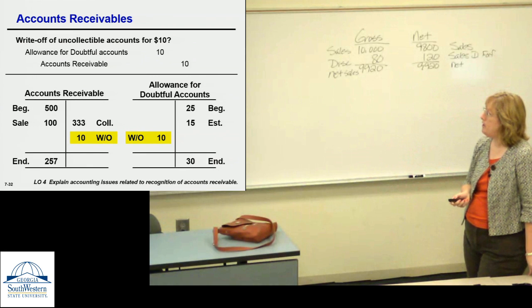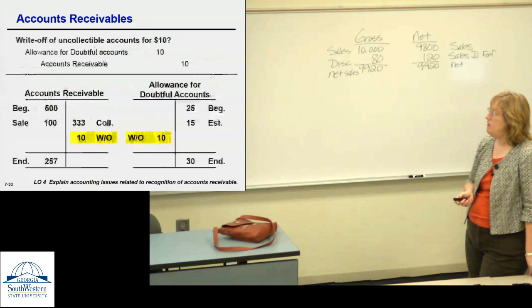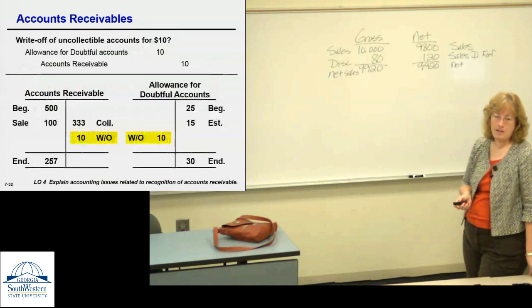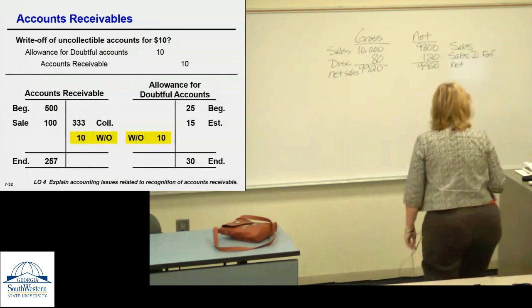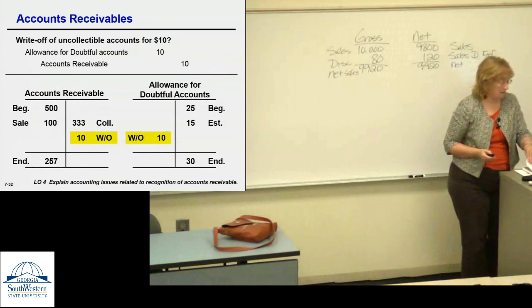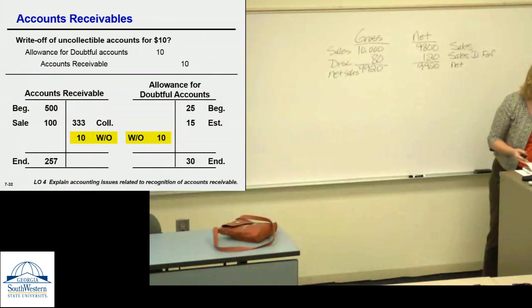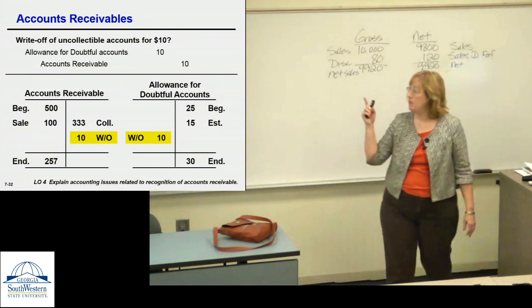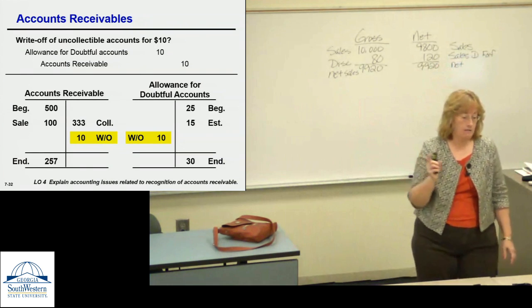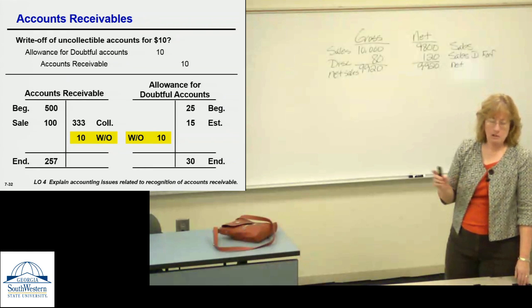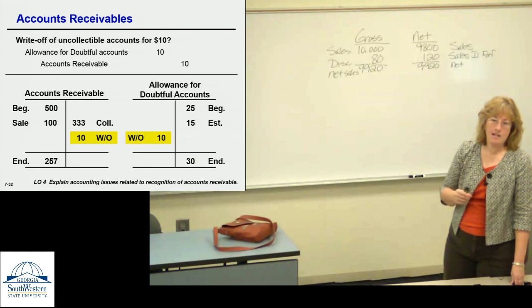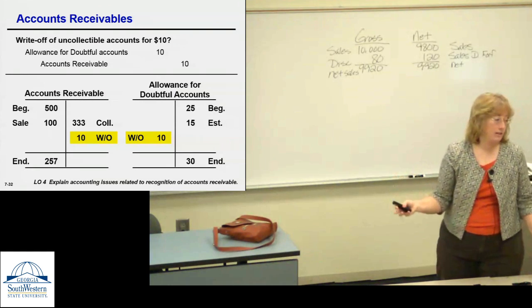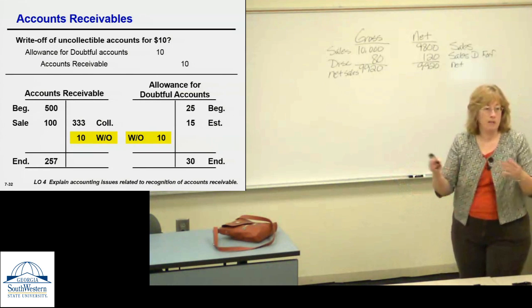Okay, now let me just say, they don't have this on this slide, but it is in the chapter, and I can't remember if it's on another slide. If he subsequently, on page 365, if this $10 guy gets religion, let's say, and decides to pay you a year later, maybe he wins the lottery.